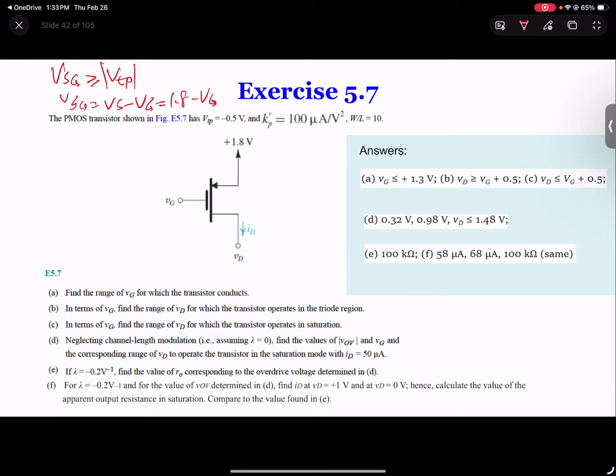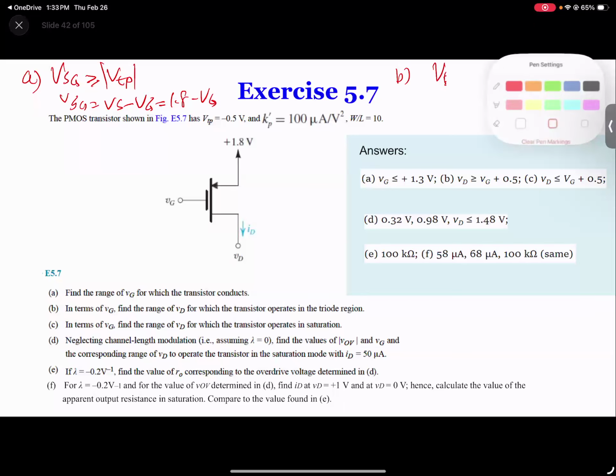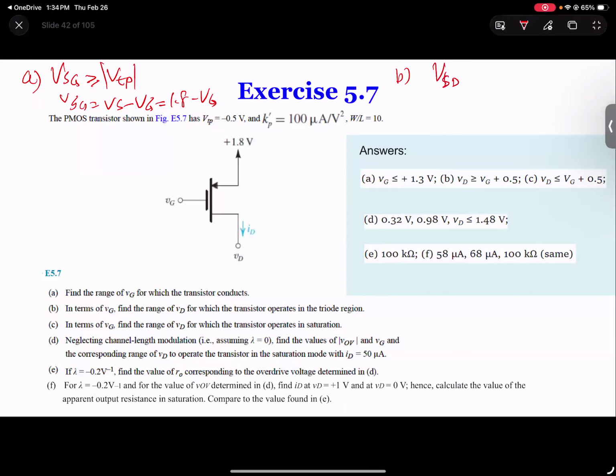Well, in the triode region, what we're saying is our VSD has to be less than VOV. Now, first of all, you want to find VOV, which is equal to VSG minus VT.